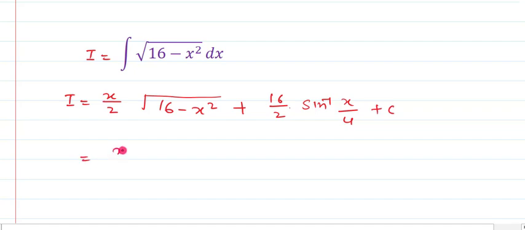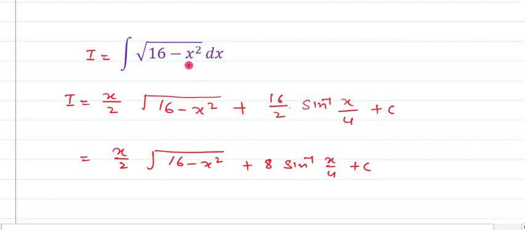Here a is 4, therefore a square is 16. So your result is simply x upon 2 square root of 16 minus x square plus 8 into sine inverse x upon 4 plus c. So if you remember the result, then directly use it.